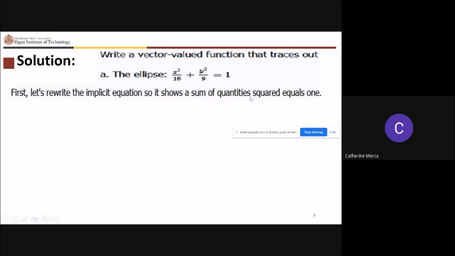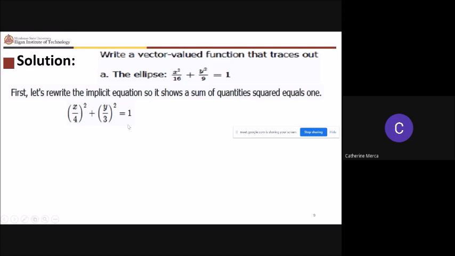So instead of simply x squared over 16, since the square of 4 is 16, you rewrite it as x over 4 squared plus y over 3 squared, because the square of 3 is 9. So that's equal to 1.